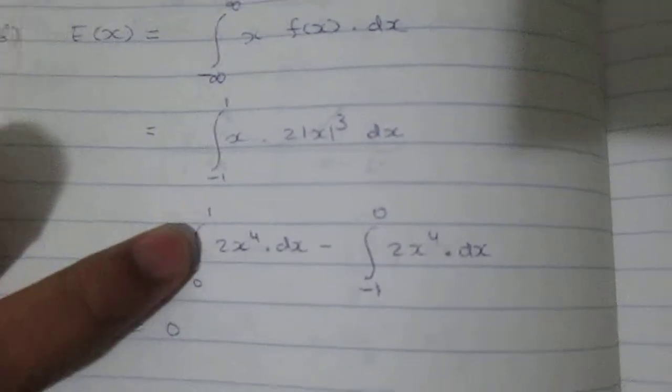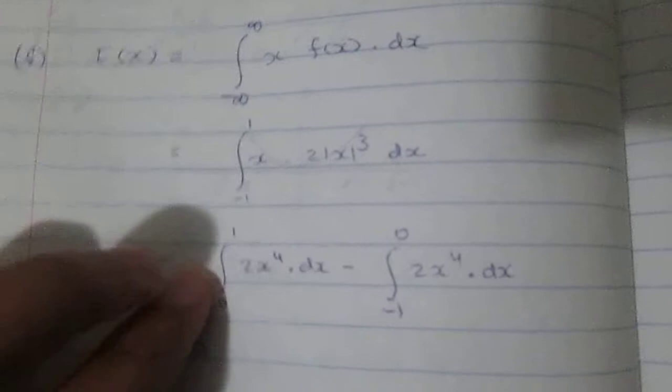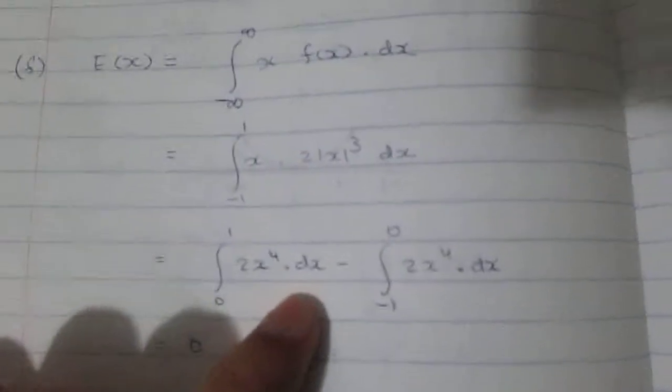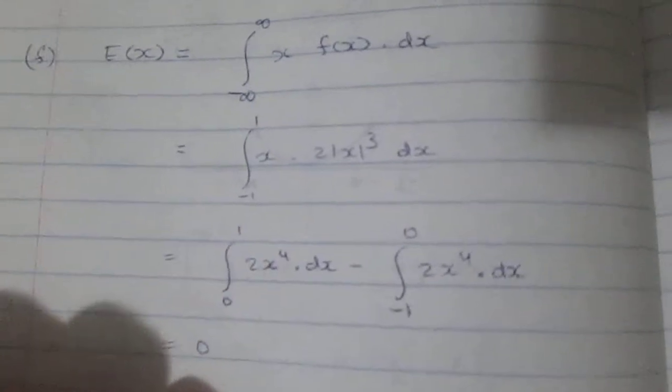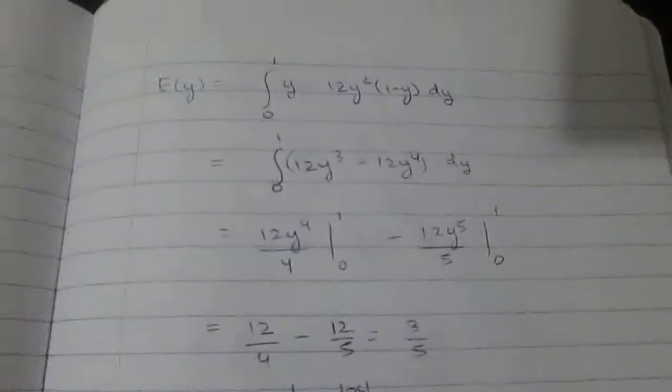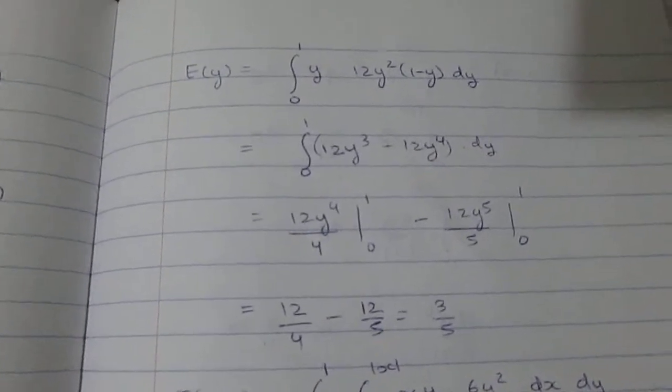So once we put everything in place, we'll get something like this. But since this is an odd function, we'll get the integral value 0.